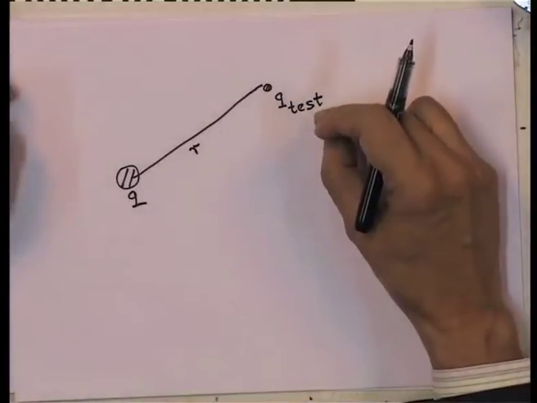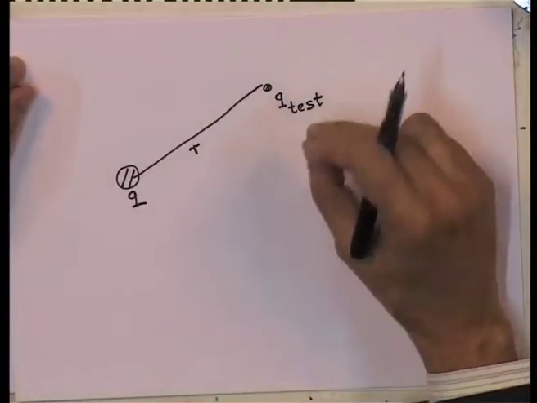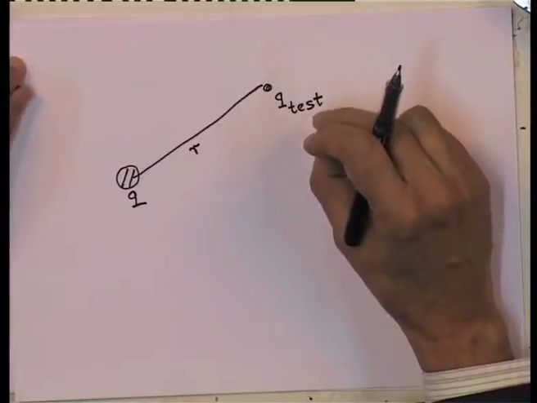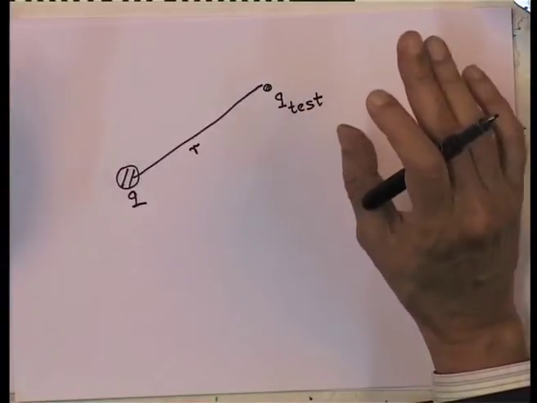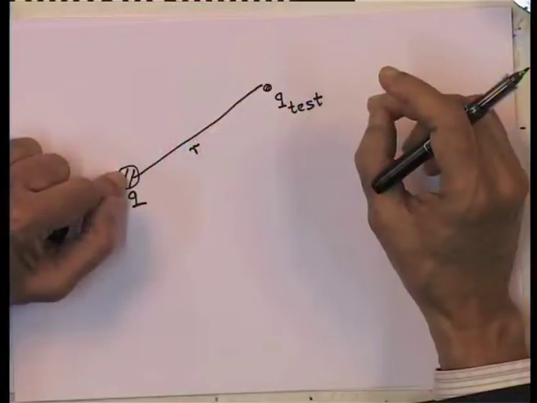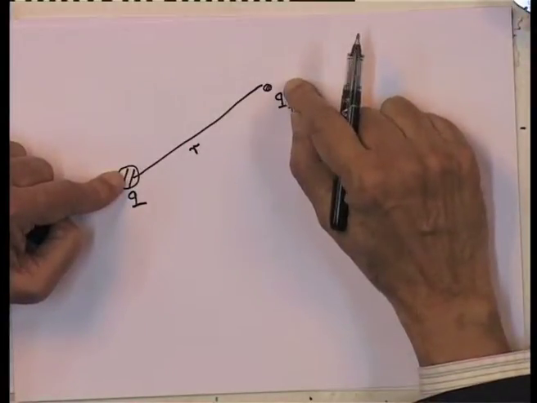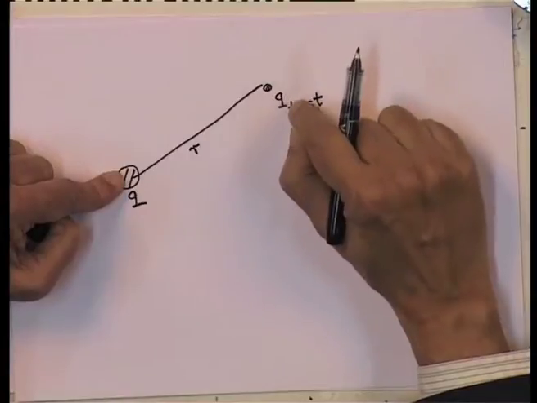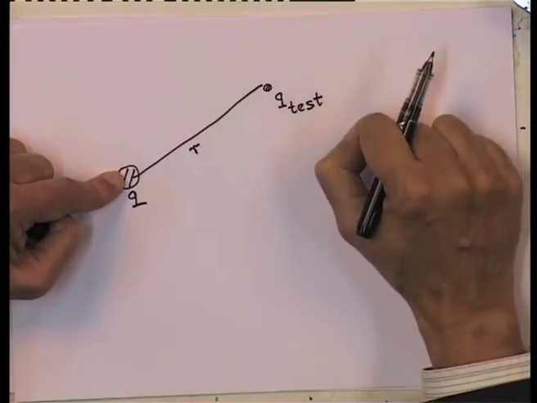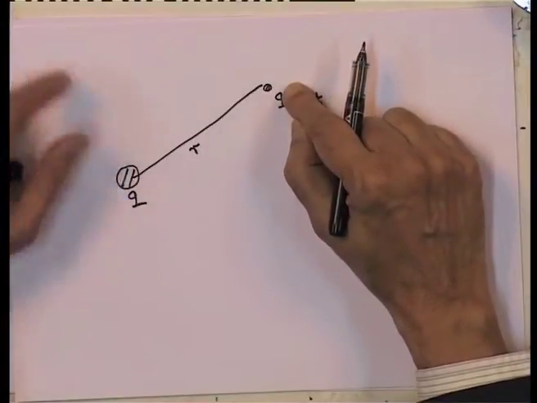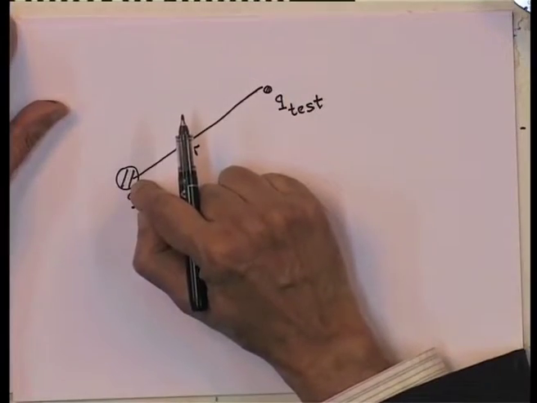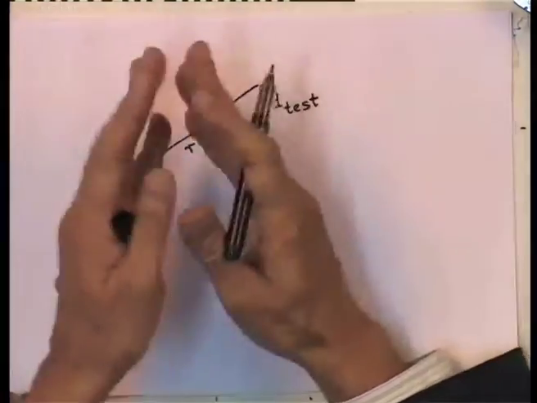Now, this charge, as I told you, is infinitesimally small. This is required because there is a field due to the charge q, and if you bring in a test charge, this test charge will have its own field, which will result in changing the field of this charge q itself, and this process will go on.